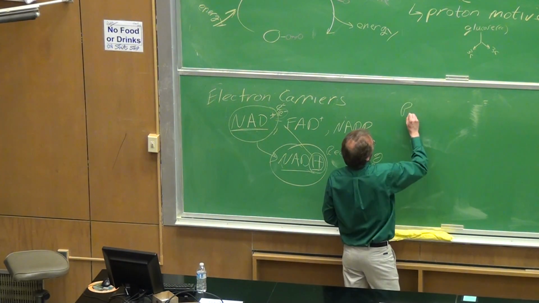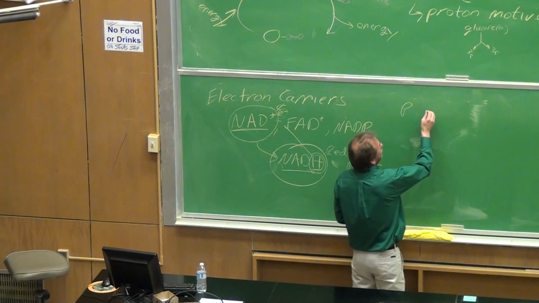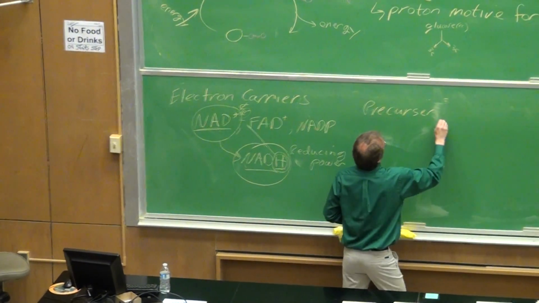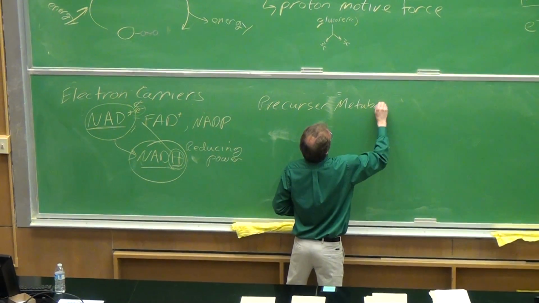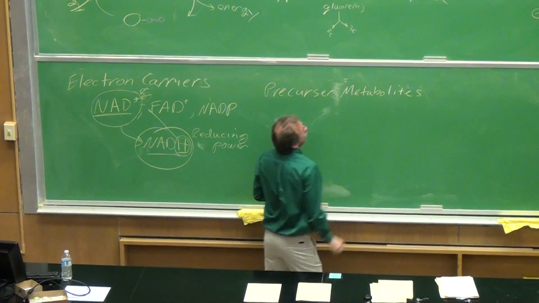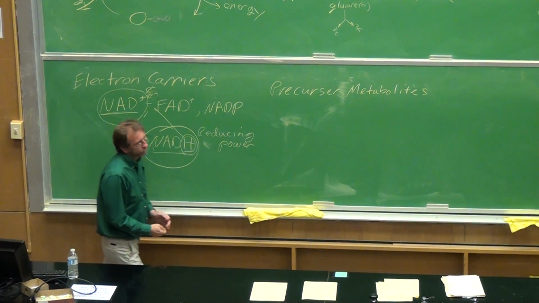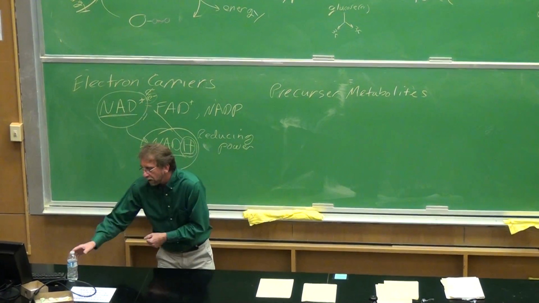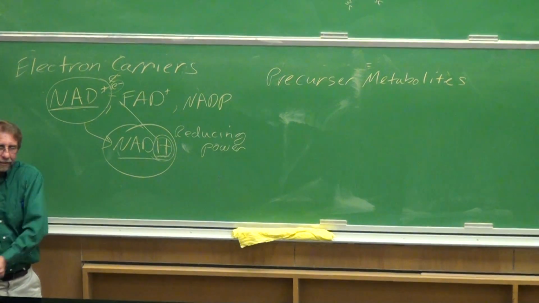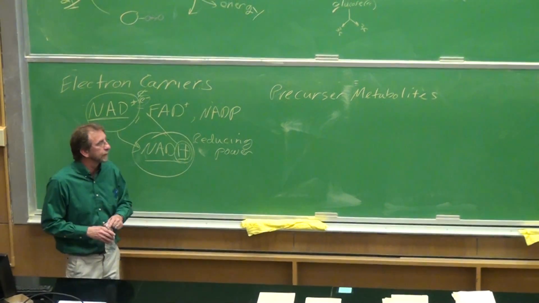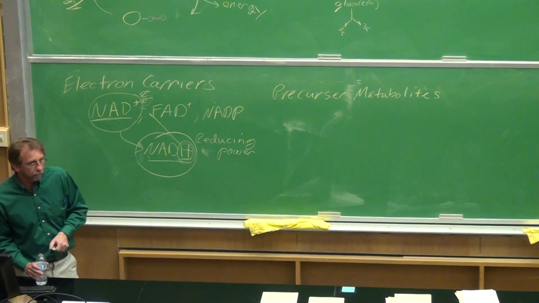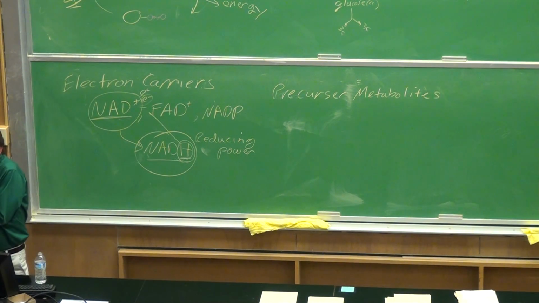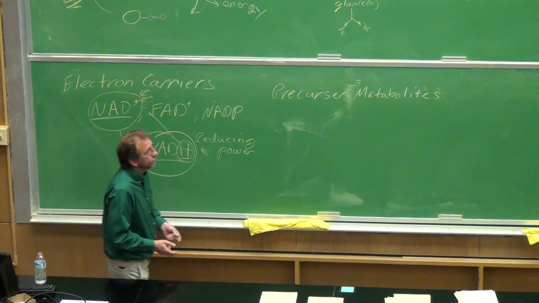One more component we'll talk about before we get into the pathways here: precursor metabolites. These are metabolic intermediates. These are molecules that we'll find in various stages throughout the pathways, and what that means is that they can enter the pathways there or they can leave the pathways there depending on the need of the cell.